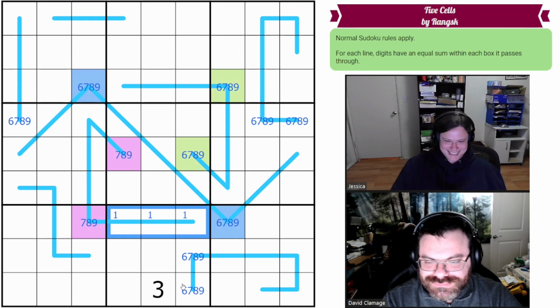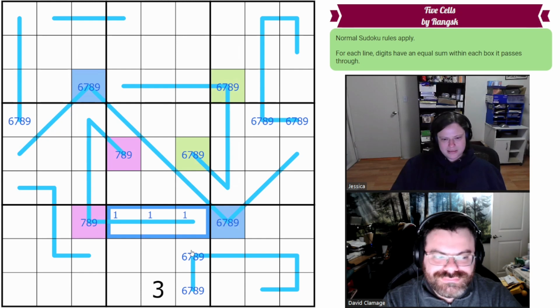And I'm interested here because, in fact, it has to have a 1 and a 2, because 1, 4, 5 is 10. Right. Because the only other way to make 9 is 1, 3, 5.